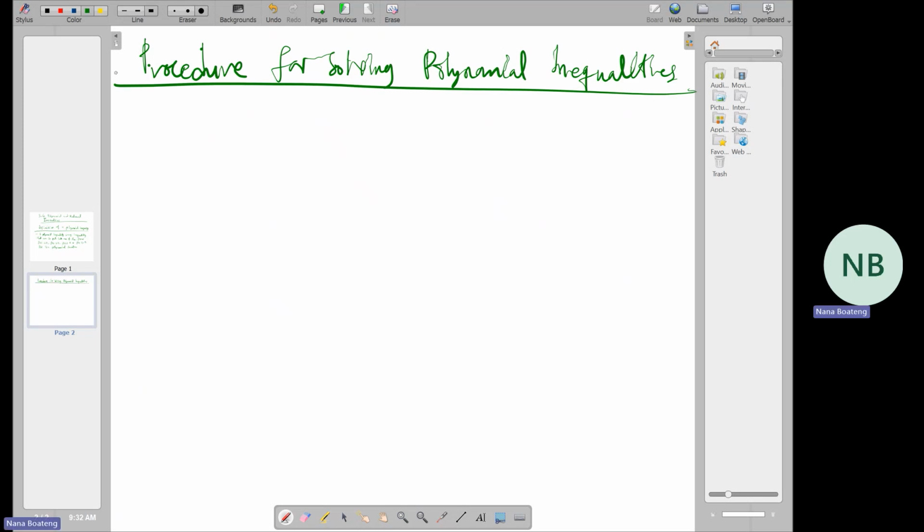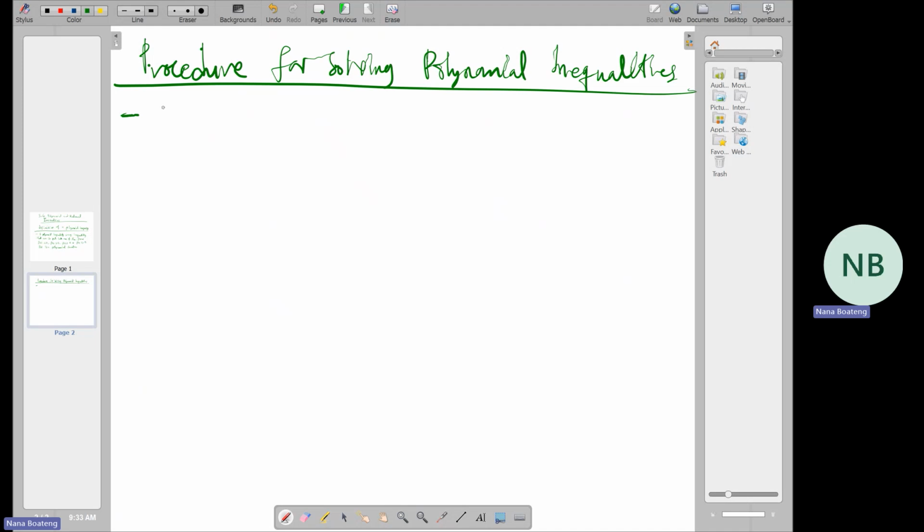The first step is we have to express the polynomial inequality in the form where all the terms are on one side and 0 is on the other side.